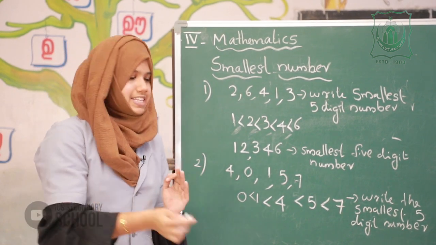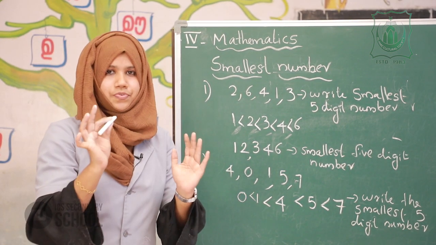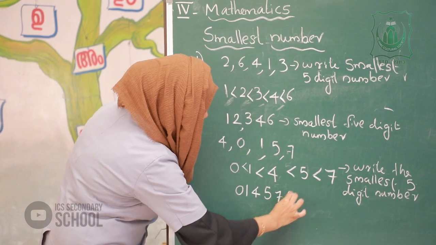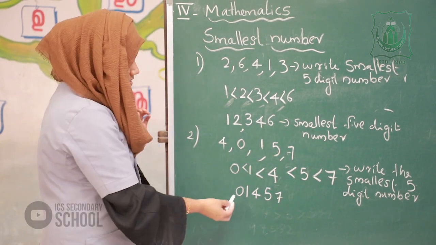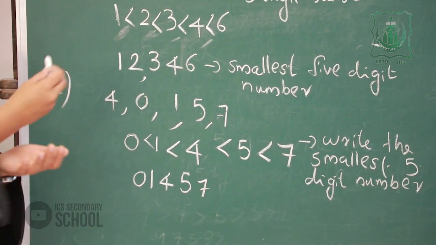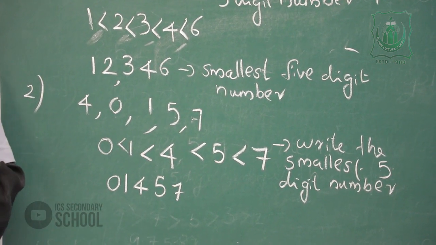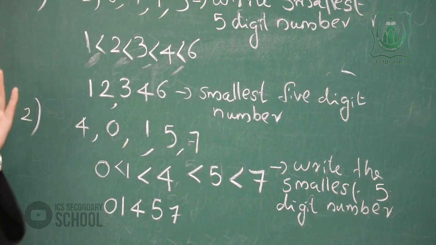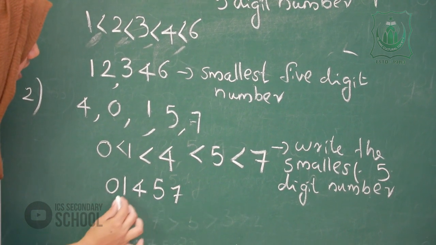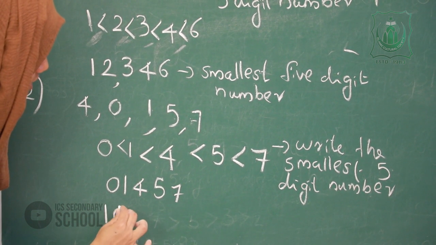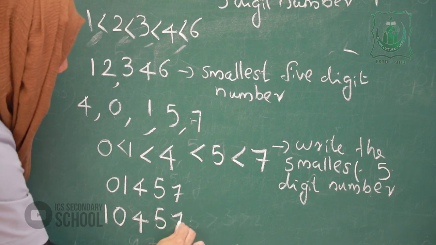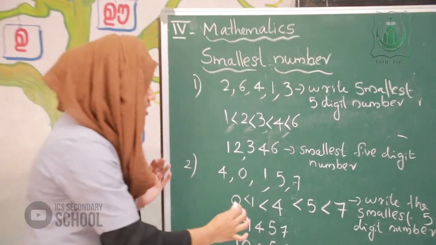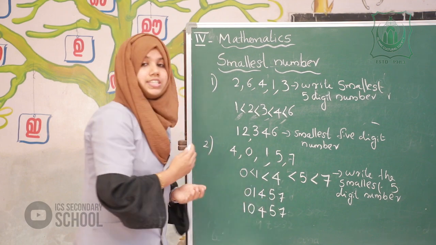Okay, in this case 0 is coming first, so we could write the number like 01457. How to read this number? 1457. It is not a 5-digit number because 0 is coming first. So even if 0 is there in the question, do not write the 0 first. The number will be like this: 1, 0. This is the correct answer. If 0 is written first, it does not become a 5-digit number.